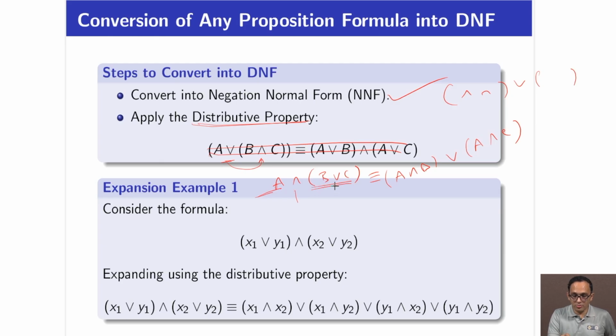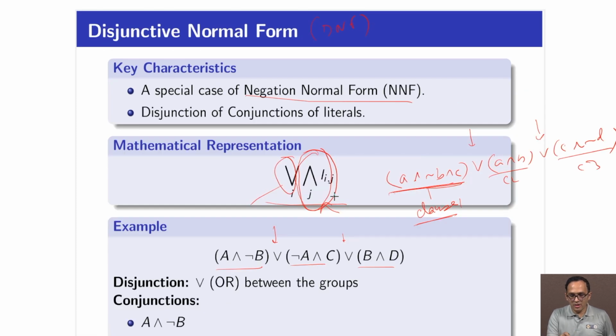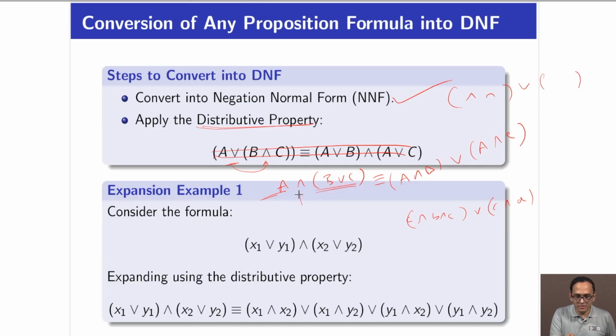The clauses should have and, and they are connected by or, but here it is the other way around. In the DNF formula you have and inside, A and B, or C and D. It is basically the opposite of that. So, if you recollect, I will have and in the clauses and they are connected by or, but here you see you have and connecting the clauses and or inside.